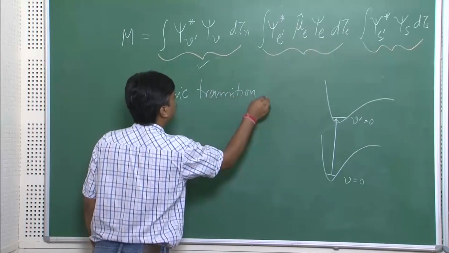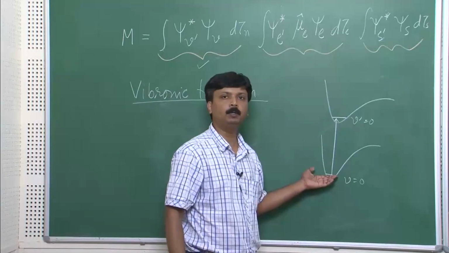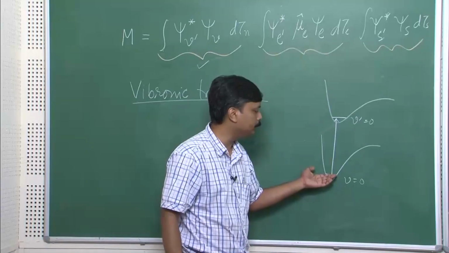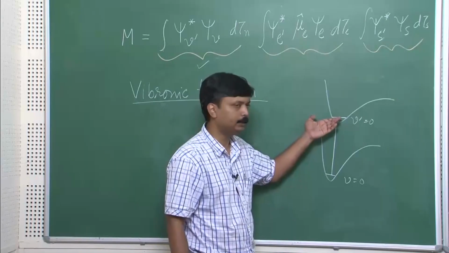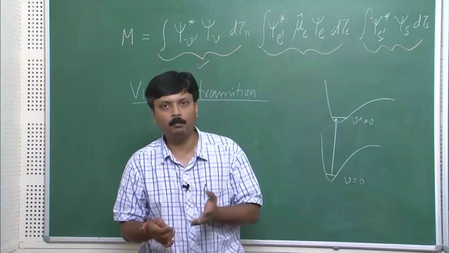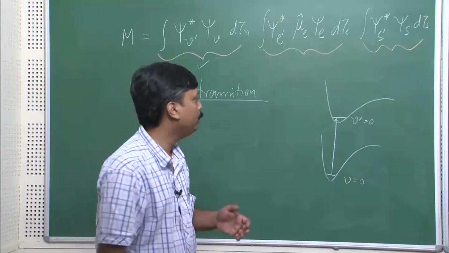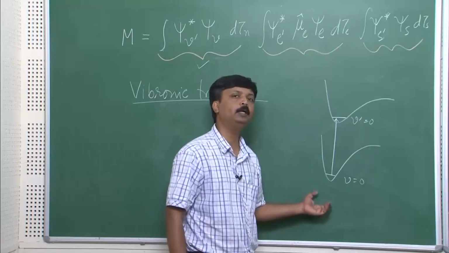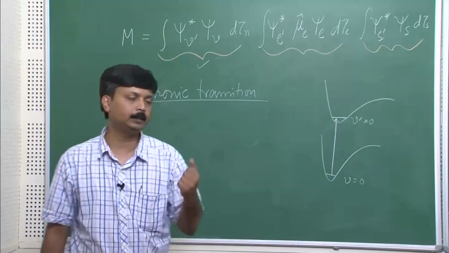Now, though here you can say of course I am situated on one vibrational state and going to another vibrational state, since both of them are the ground vibrational state, we call this as if it is a pure electronic transition. There is no contribution coming from the vibrational states.